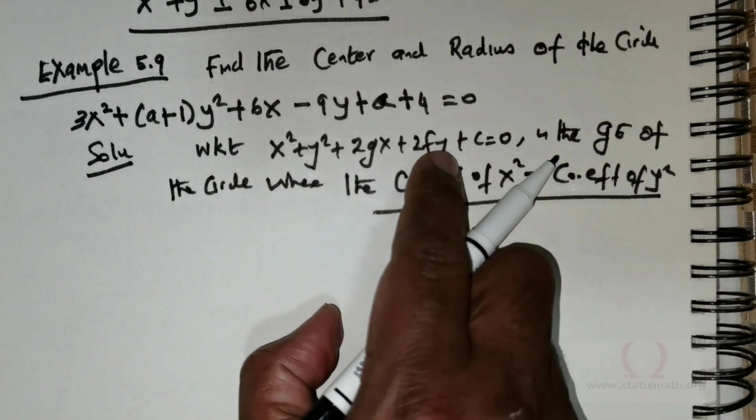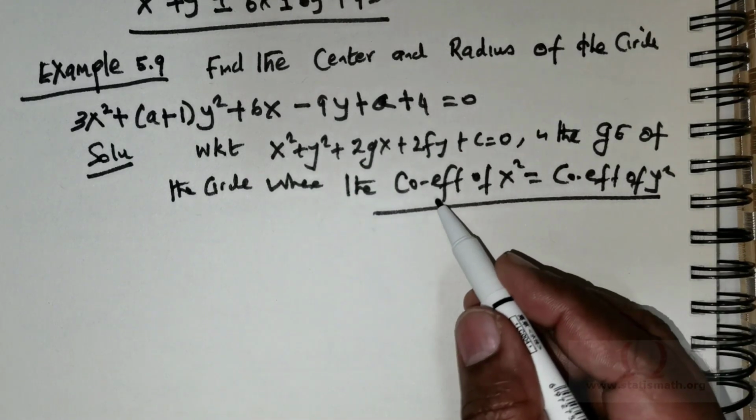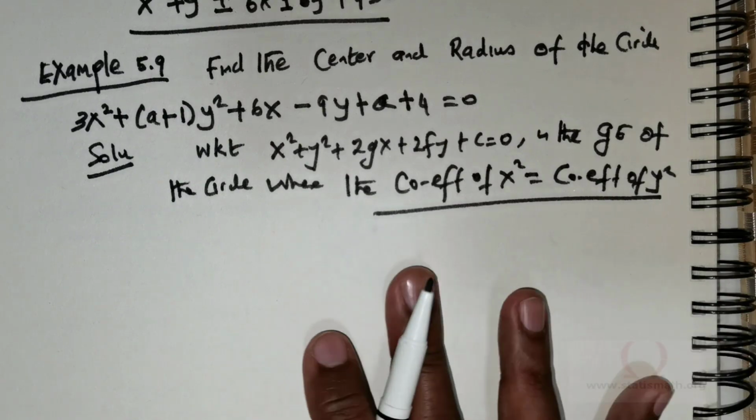So for this system to represent the equation of the circle, the necessary condition is that the coefficient of x² should be equal to the coefficient of y².